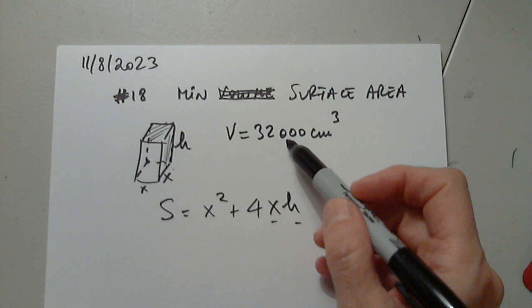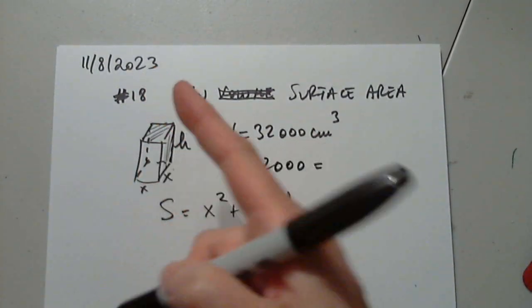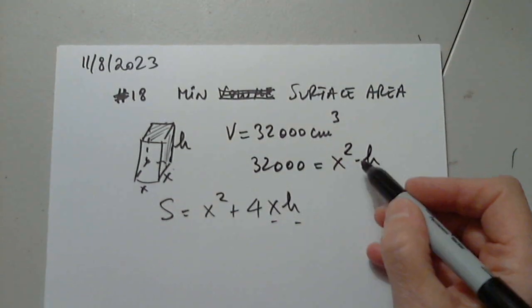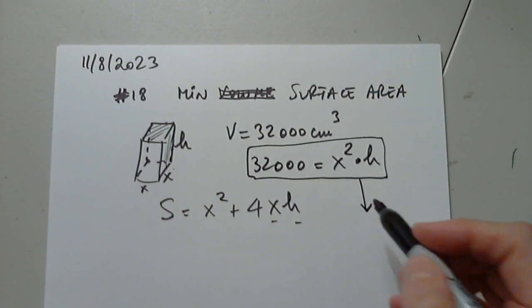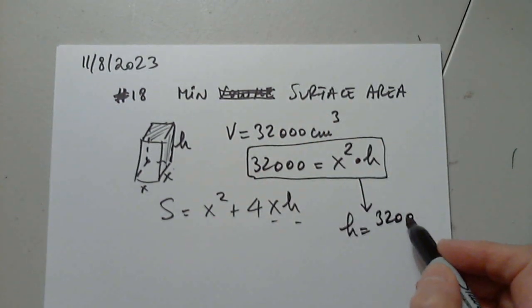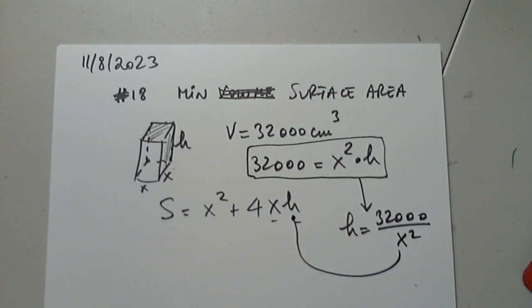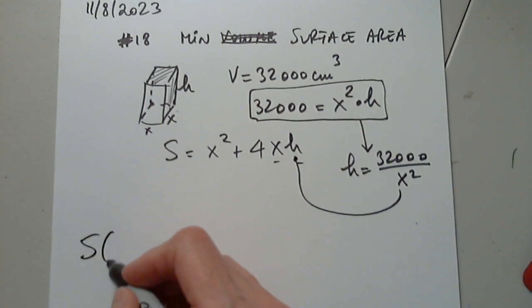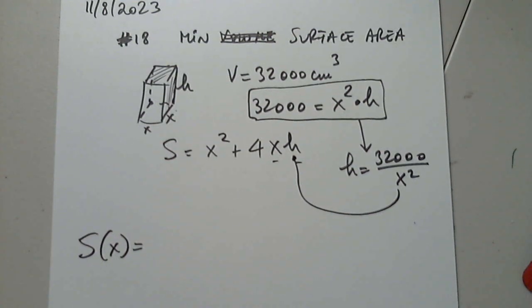No worries, because we know that the volume is the area of the base times the height. From here, we will solve for the height: 32,000 over x squared. And we will plug it in here. And now I have indeed S of x. In other words, it's a function of only one variable.